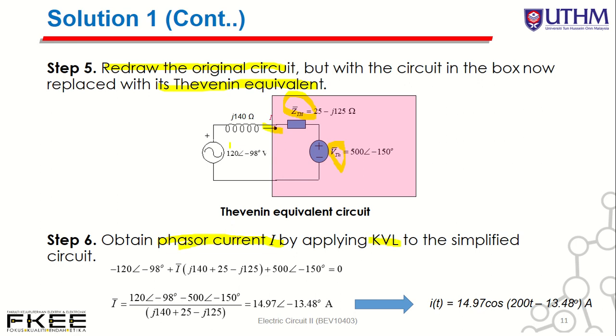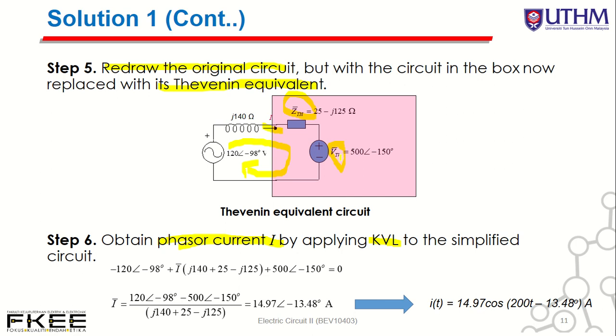So current equal to V minus VTH divided by total Z. Or if you want to do it step by step, minus Vs plus I times Z plus I times ZTH plus VTH equal to 0.